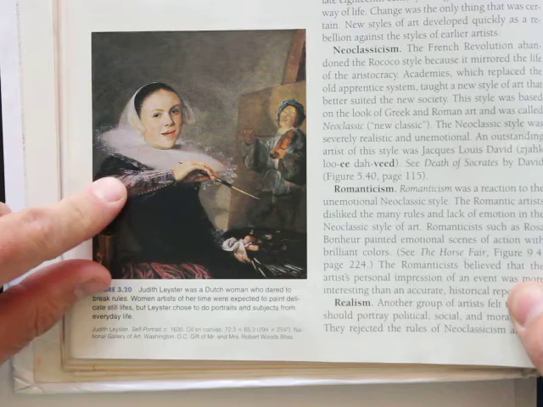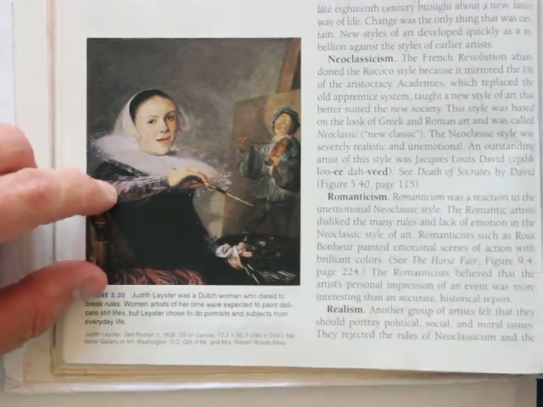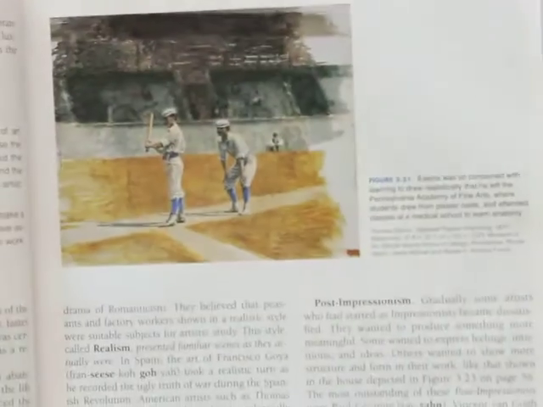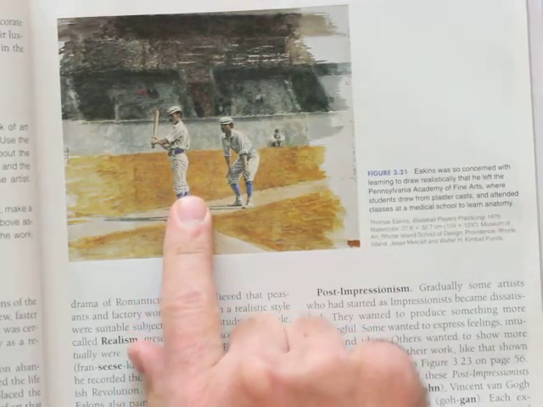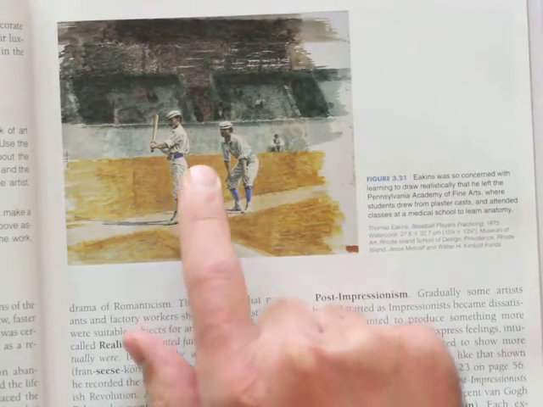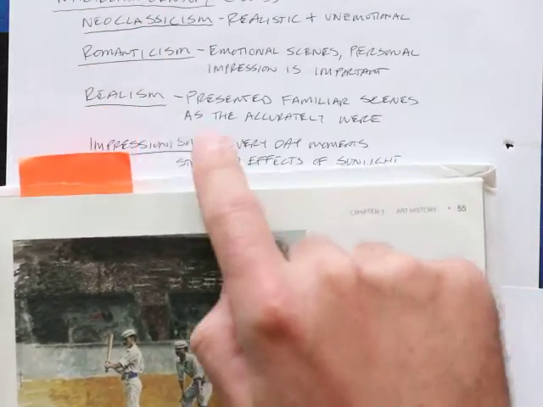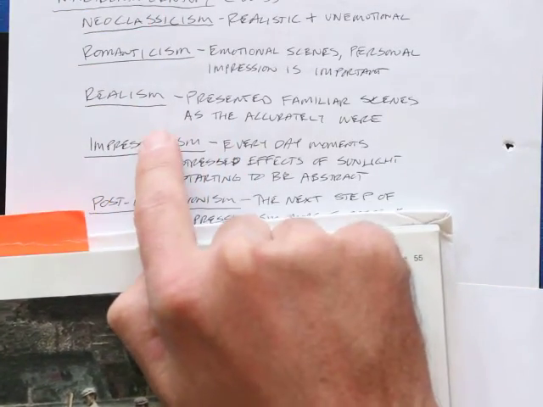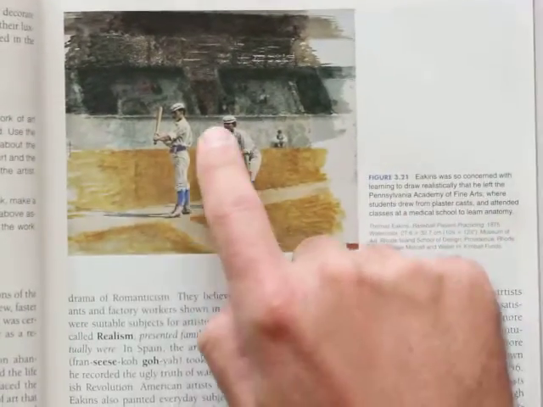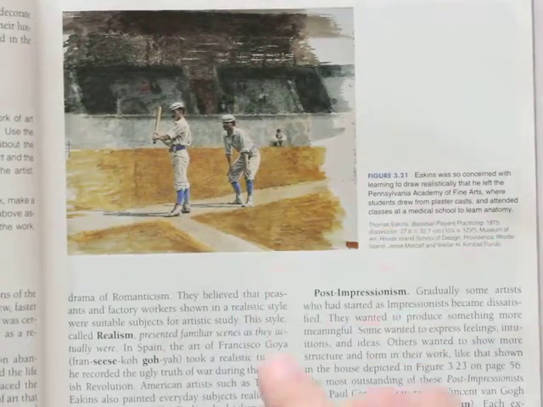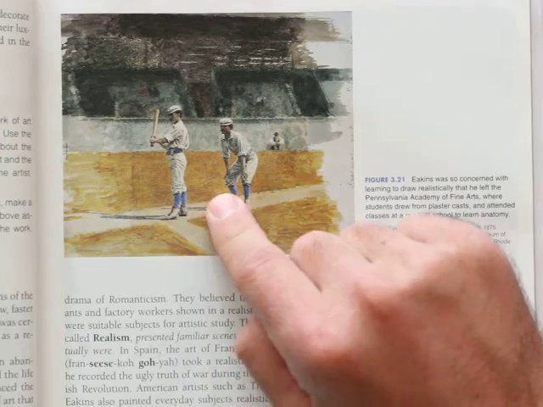But you can see this is quite realistic. And then we get to this painting here, which is 1875. So this is getting pretty close to Impressionism. I would call this more of realism. This is kind of an everyday situation. People playing some baseball.